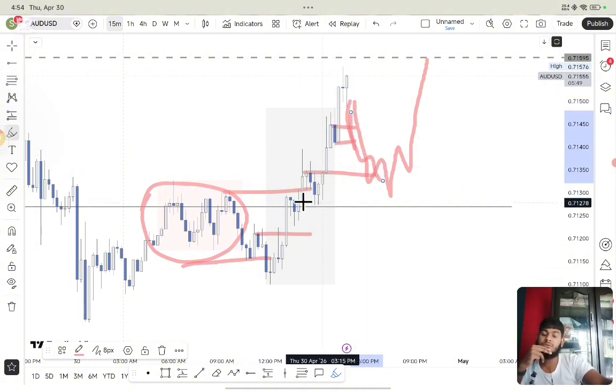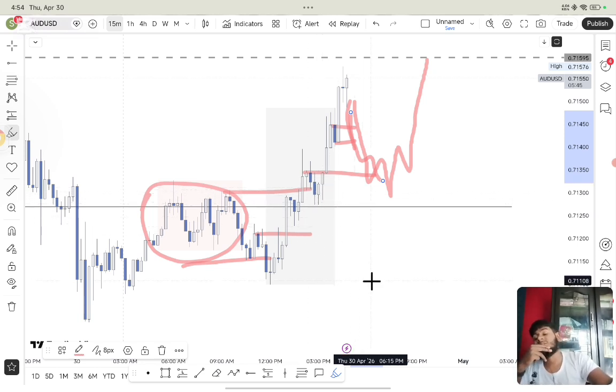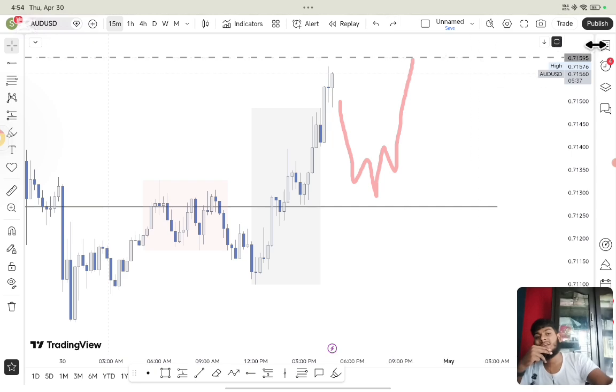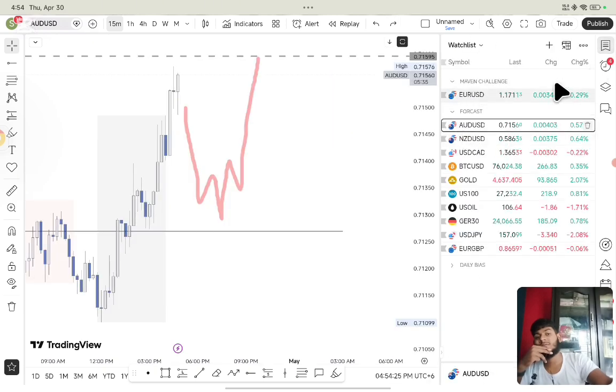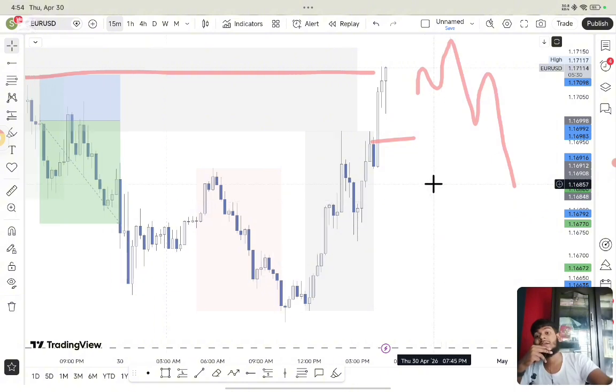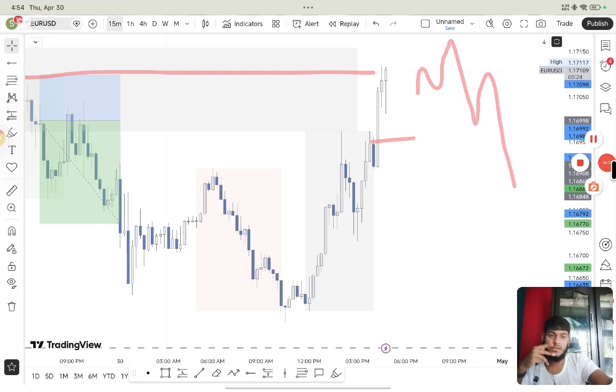Price came toward this one because this was the one that shifted bullish. So that's the whole plan for me in AUD/USD: buy in AUD/USD and short in EUR/USD unless I have a market structure shift bullish. That's the plan overall for today.